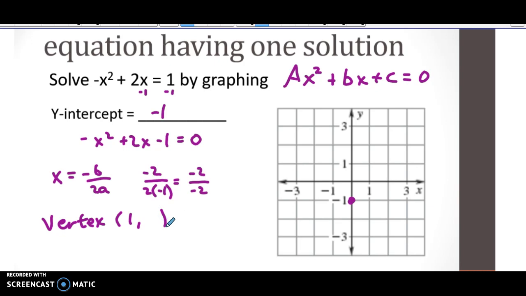And if I substitute 1 back into my equation, I can find my corresponding y value. So if I put 1 in, 1 squared is 1, but I need to take the opposite of 1 squared, or -1. And then I have plus 2 times 1. Oops, my pen's not working.